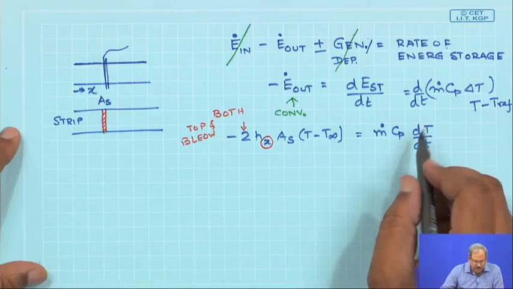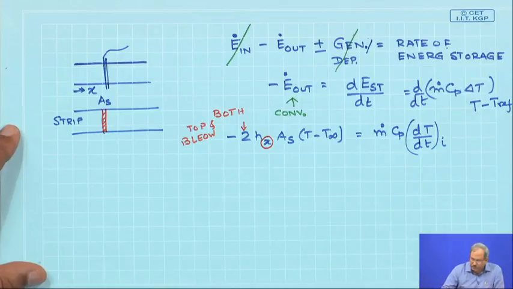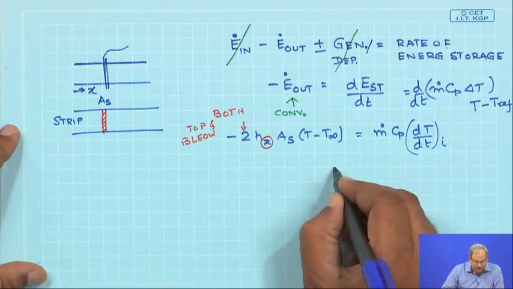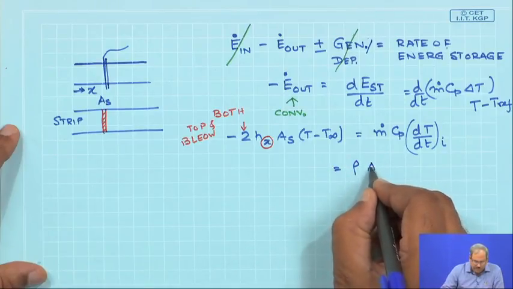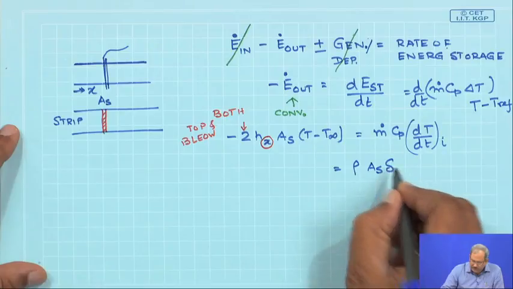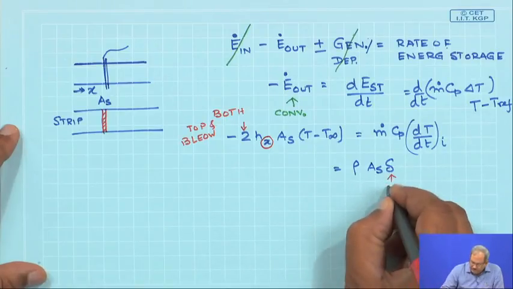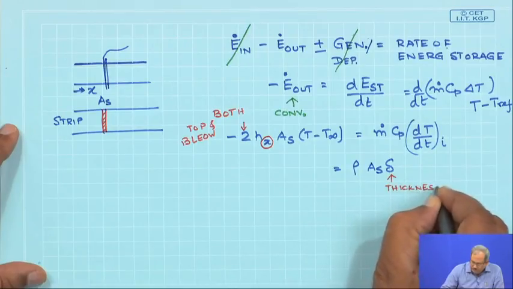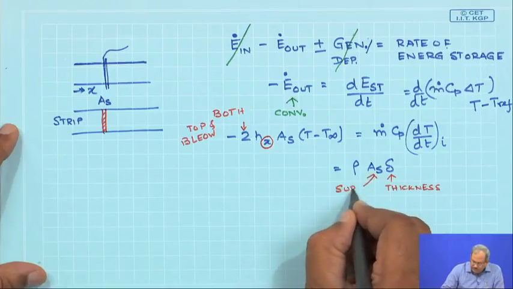This is a constant and we will call this the rate of cooling. Now, this m Cp can also be expressed as rho times volume, which is A s into delta. Delta is the thickness of the strip. A s is the surface area.